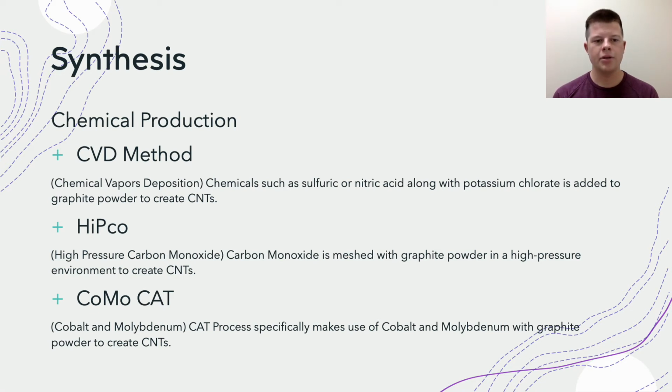And then you have the CoMoCAT method, which is basically just cobalt and molybdenum catalyst, which is essentially just using the elements of cobalt and molybdenum with graphite powder to create CNTs. And all of these essentially are just adding chemicals in a heated or pressurized environment, along with graphite powder, to create CNTs.